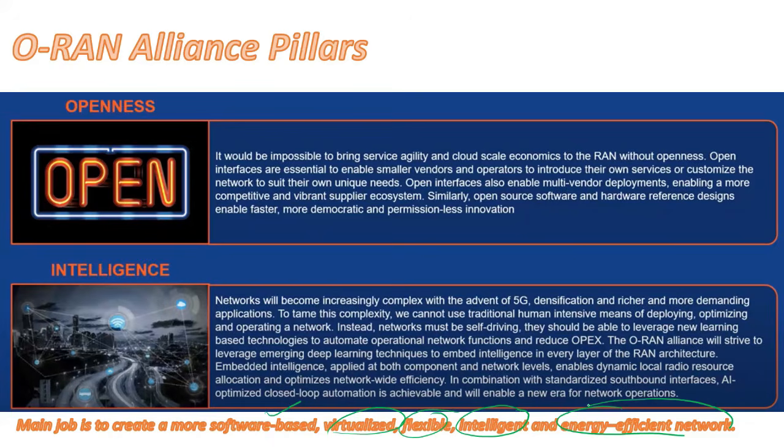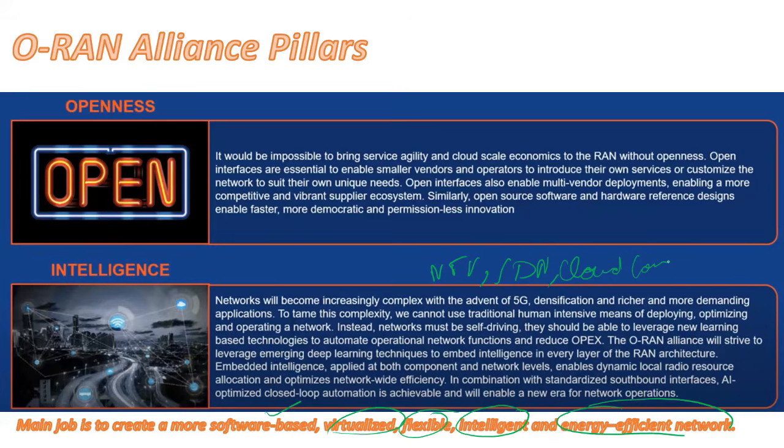On openness, you know that DU, CU, and RU are open. In addition to that, the interfaces between them should also be open. But open RAN also calls for more intelligence in the network. It can be done by collecting information from various virtualized elements with the help of NFV, SDN, cloud computing, and various other things.